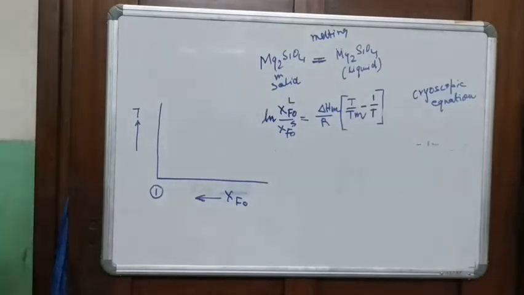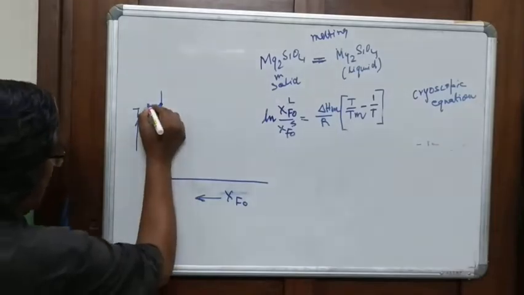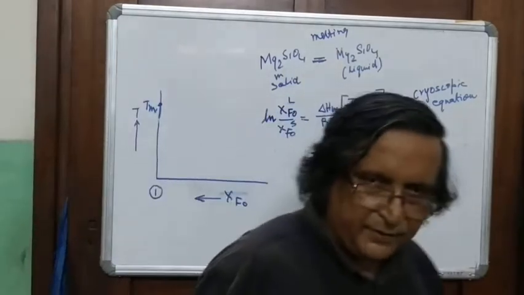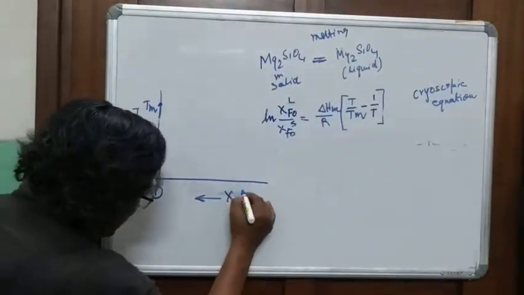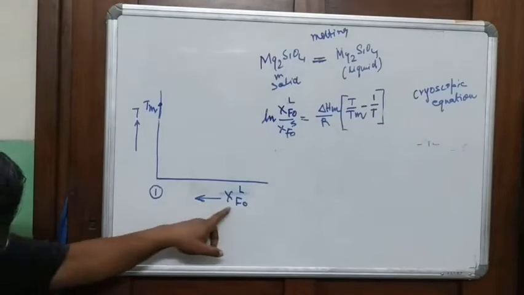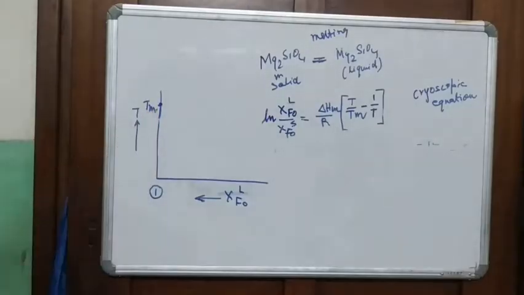So at 1, that means pure phosphorite, this is Tm. Have you understood? This is phosphorite in the liquid. If it is 1, then that means you have temperature of melting of phosphorite.